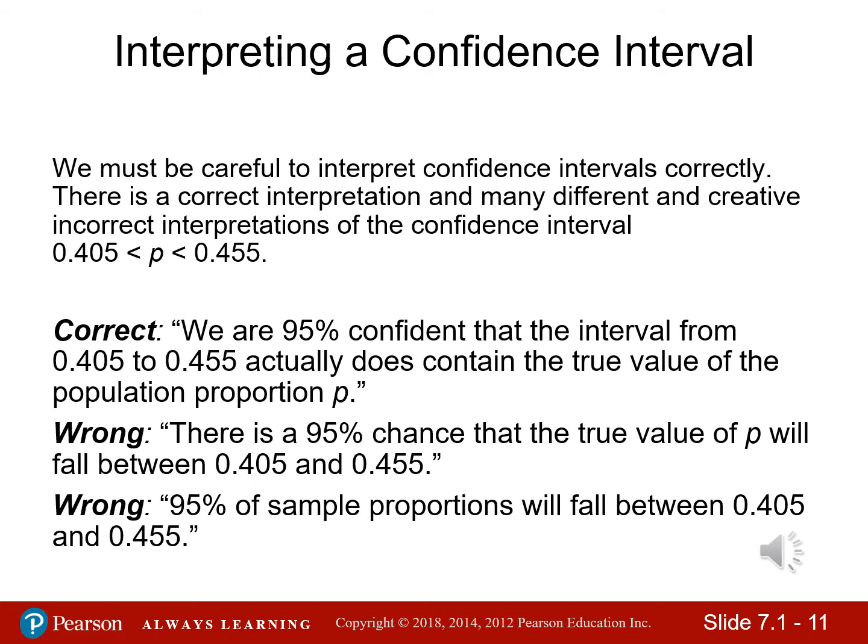A wrong interpretation is that there is a 95% chance that the true value of p will fall between 0.405 and 0.455. Another wrong interpretation of this interval is that 95% of proportions will fall between 0.405 and 0.455.